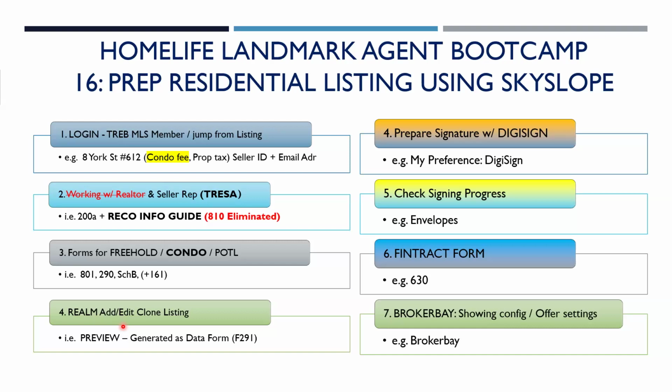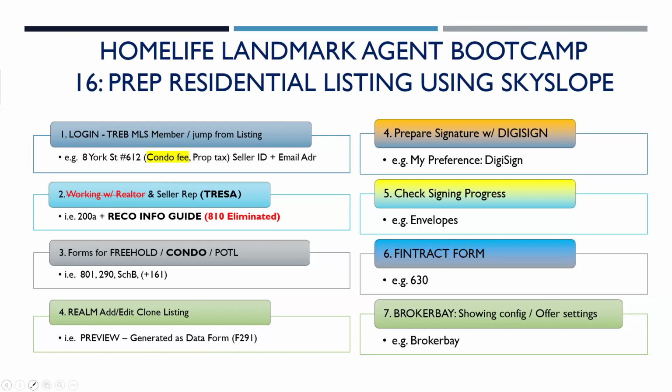From the clone listing, you just make the changes for your current listing information. Don't just clone everything. Then you validate, and you have to fill in everything, and then you can preview and generate the data form. Once you do that, you can do the signing from that data form.